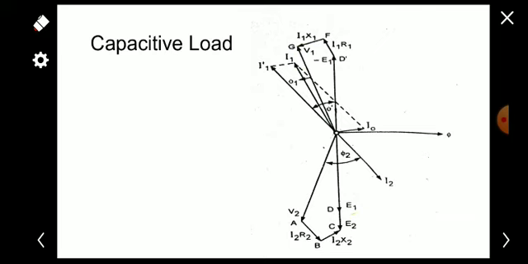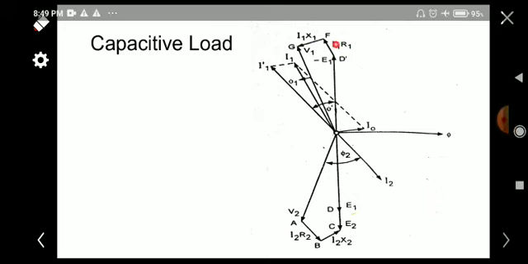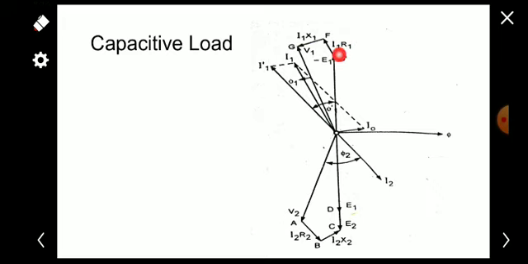For incorporating the primary equation, we know that minus E1 plus I1 R1. This I1 R1 is the voltage drop across R1, so it is in phase with I1. I1 is this line.